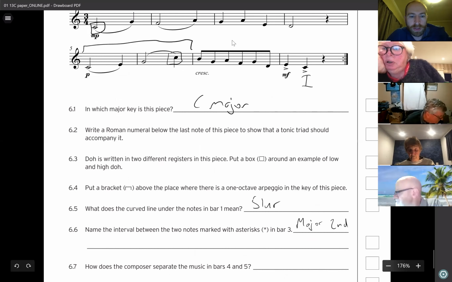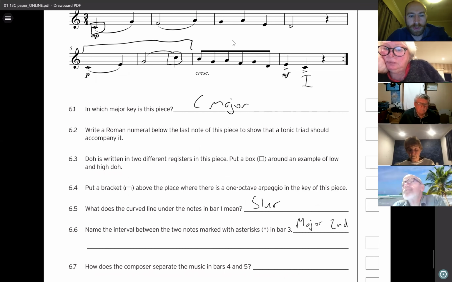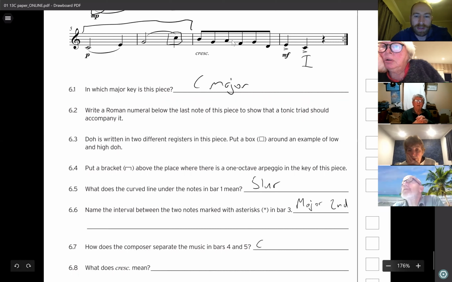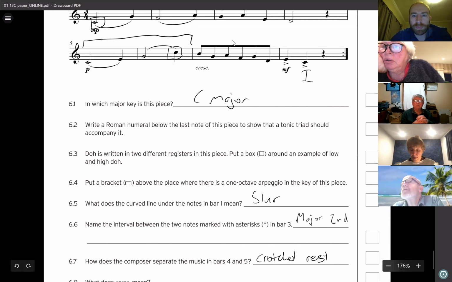Okay, how does the composer separate the music in bars 4 and 5? The rest. What sort of rest? I think the answer would be crotchet rest, i.e. there is 1 beat of silence.